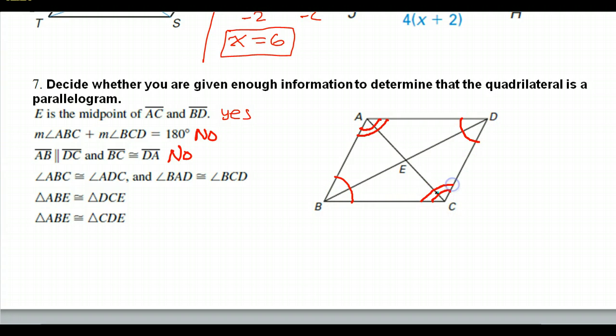Okay, here's a picture of this one. Is this enough information to prove that this is a parallelogram? Oh, yes, it is. Opposite angles are congruent. That's one of the ways we prove that something is a parallelogram.